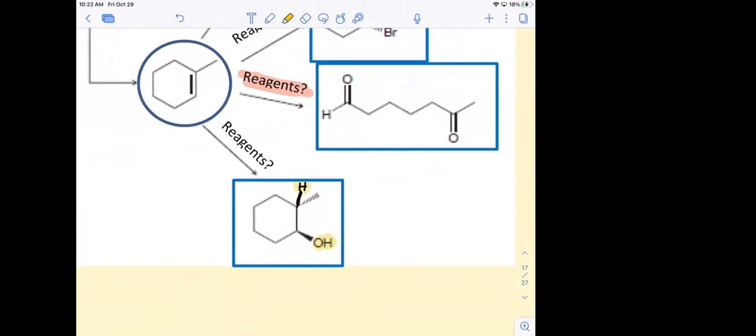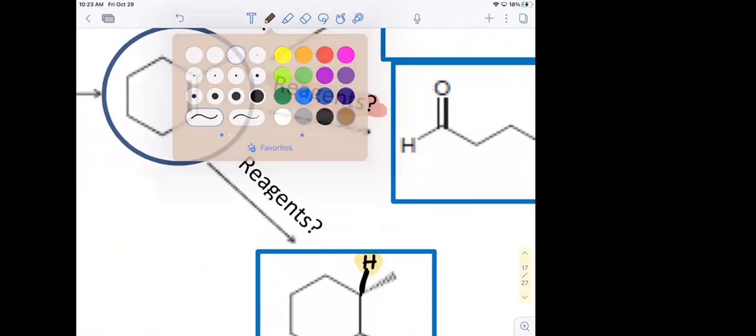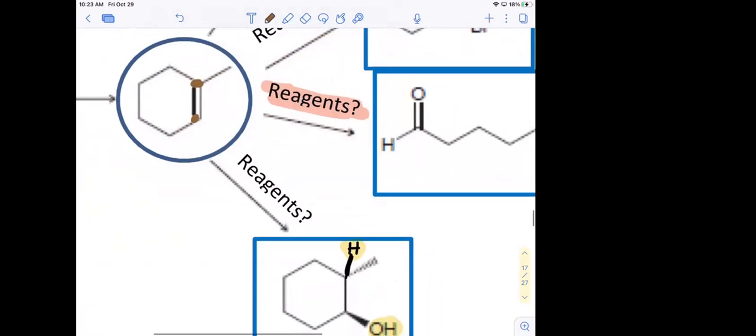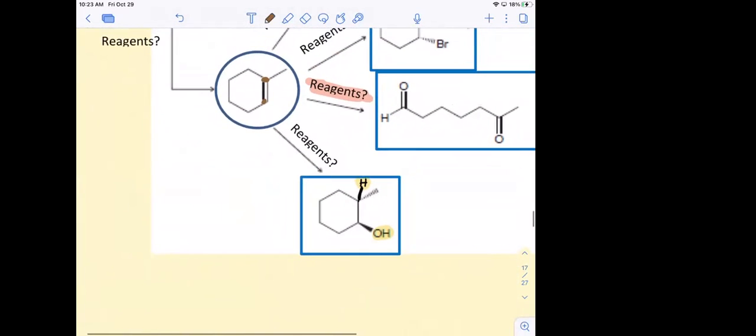And it just so happens that OH is where? These are my 2 alkene carbons right here. So where's the OH in relation to those 2 alkene carbons? On the more substituted carbon. And it's an alcohol. So what's my set of reagents for that?